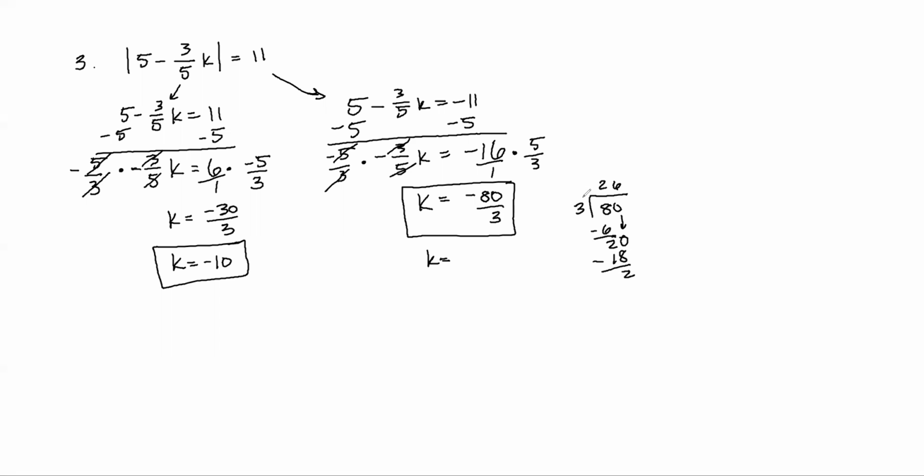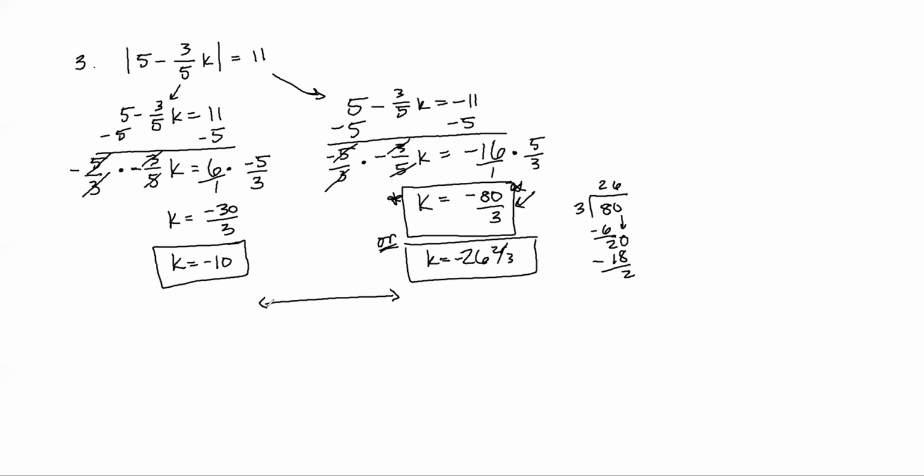So it's going to be negative 26 and 2/3. Either answer is perfectly fine. This improper fraction is actually easier to type into my MathHub, so I would recommend leaving it like this. But if we were graphing, which we are, that bottom number is a little bit easier to graph.